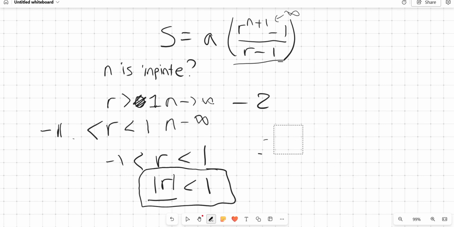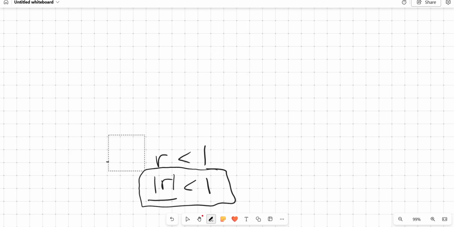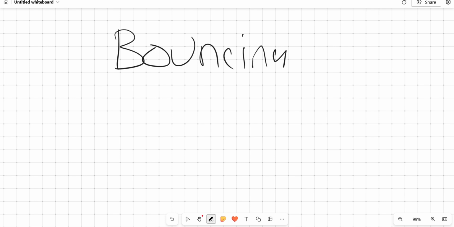So yeah, it can have some pretty cool uses. A well-known example is the bouncing ball question. I won't be talking about that here since it's a short video, but you can Google it. It's a physics problem, and it uses this concept of geometric sums. I recommend trying it.